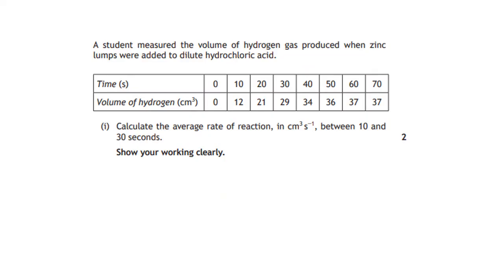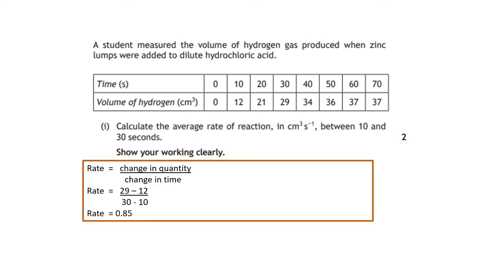So this is one of the more complicated examples you can get because we've been given a table to work out our rate from, but also because we've been given two different times and we're working out the rate between those times. Now the equation we're going to use is exactly the same as before. It's going to be change in quantity divided by change in time. Now the two times we were given were 30 seconds and 10 seconds. So we need to use the table to find out what the quantities were at each of those times.